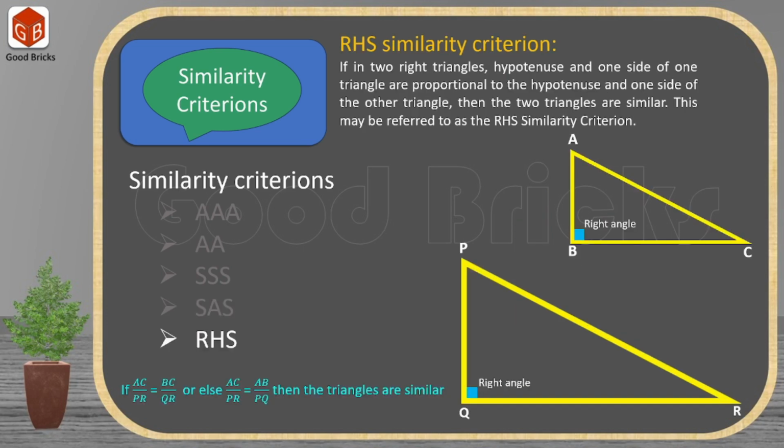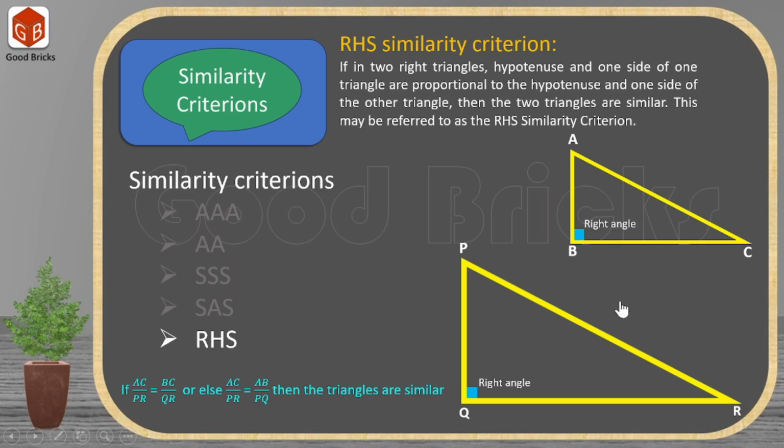Now let us discuss the last similarity criterion. RHS is nothing but right angle, hypotenuse and side. If you have two right-angled triangles, as per this RHS similarity criterion, they will be similar if the ratio of hypotenuses is equal to the ratio of any one pair of corresponding sides.